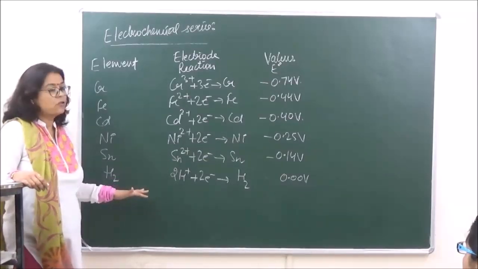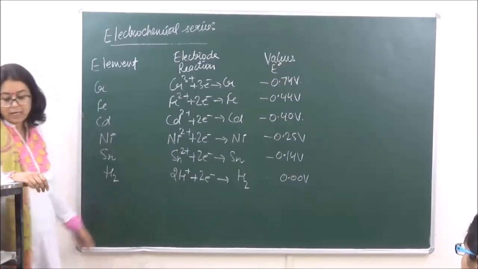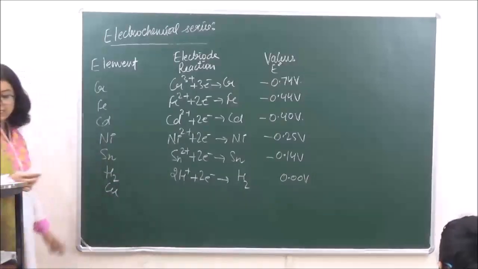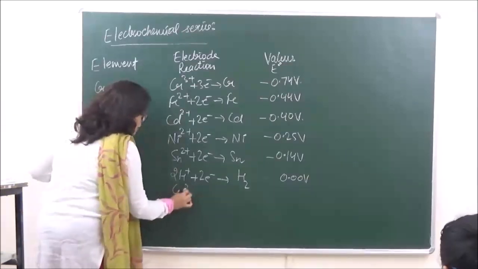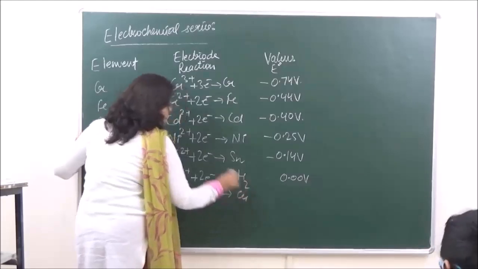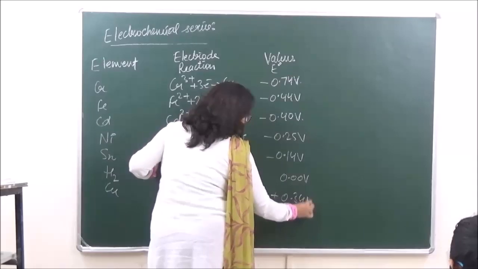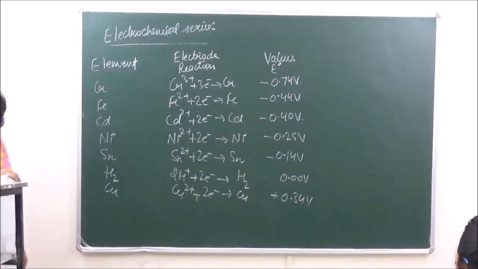After hydrogen, the positive values of reduction potentials begin, like after hydrogen is copper. You will also see the change in signs. So over here the value is plus 0.34.